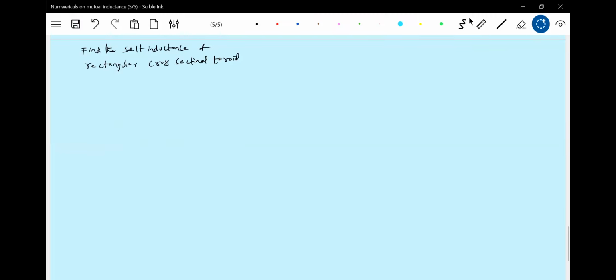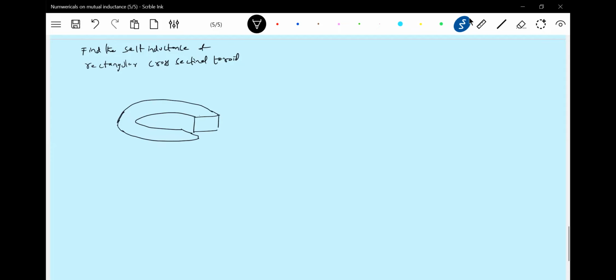Not correct. I'll give the better diagram. Okay, there's a rectangular cross-sectional toroid, shaped like this.